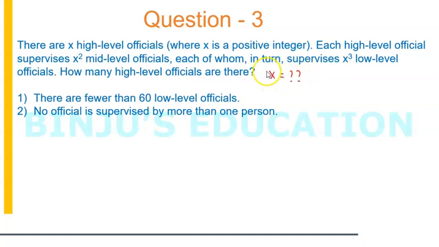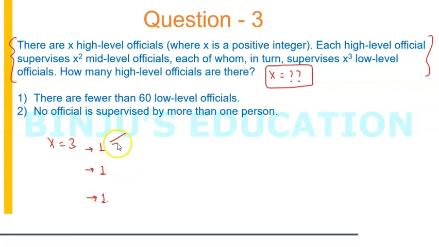Now before we move on to the statements 1 and 2, let me make you understand this statement. Let's say hypothetically the value of X is 3, for example. That means there are 3 high officials: first, second and third. Now each of these high officials will supervise X square mid officials, which means each of them will supervise 9 officials. So 1, 2, 3, 4 and like this 9 officials.